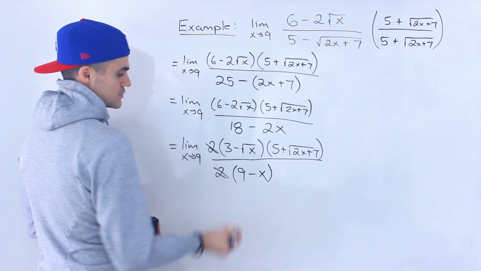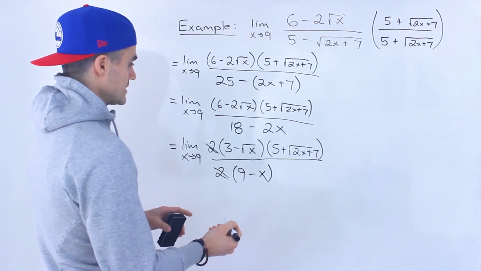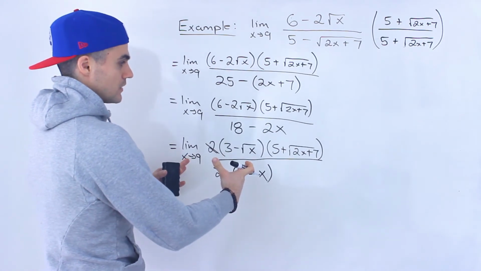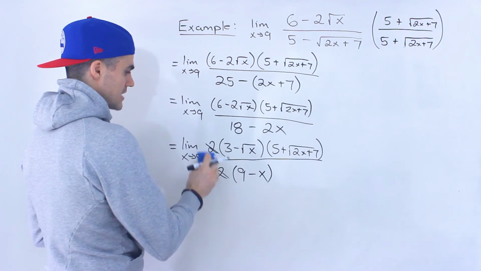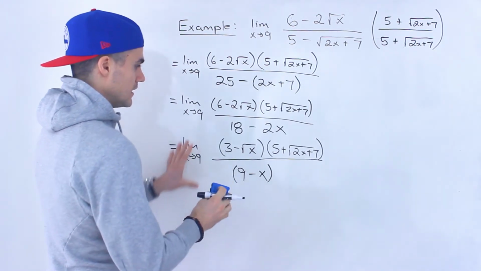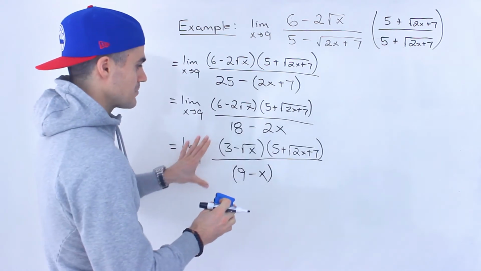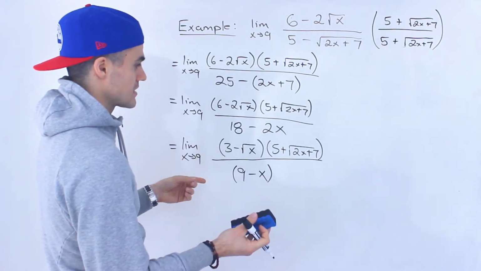And then notice that these 2's would cancel out. So it simplifies things, and it's going to allow us to simplify less at the end. You don't necessarily have to do this step, but I did it. It simplifies things, but we still have to rationalize the numerator.